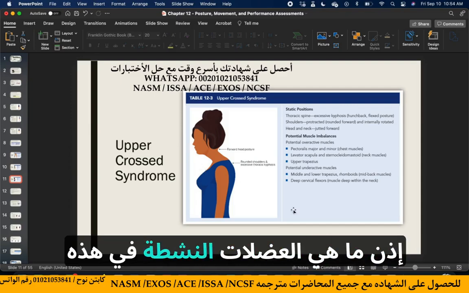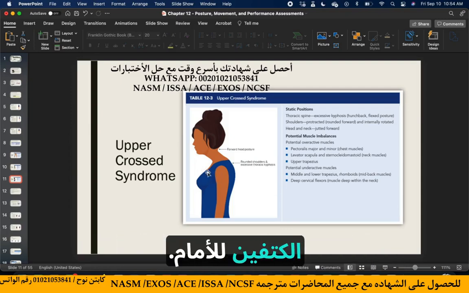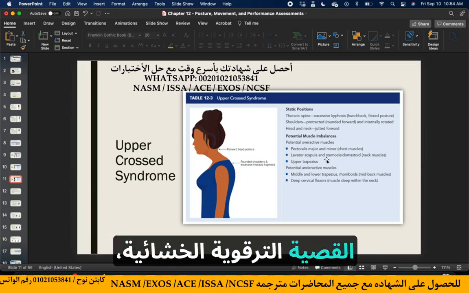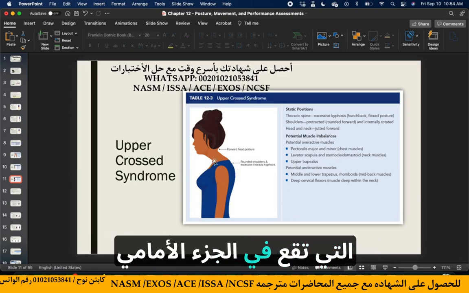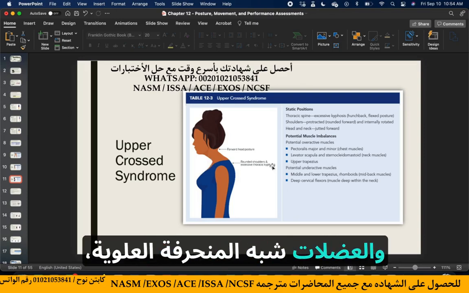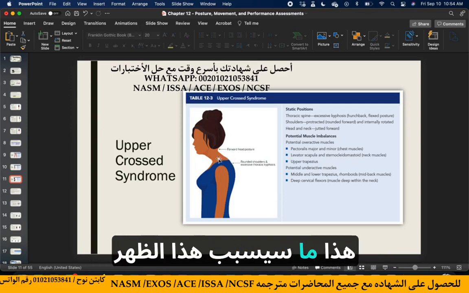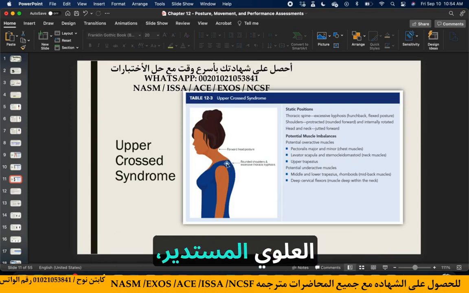So what are your overactives in this case? Well, your pecs. Your pecs are going to pull those shoulders forward. The levator scapula and the sternocleidomastoid, which are in the front portion of your neck, are pulling that neck forward. And your upper traps, again, the upper traps are going to pull forward. That's what's going to cause this rounded upper back.